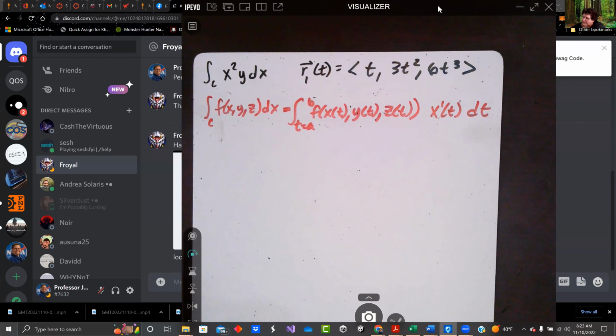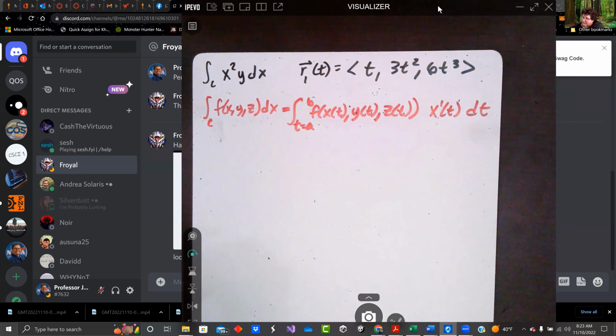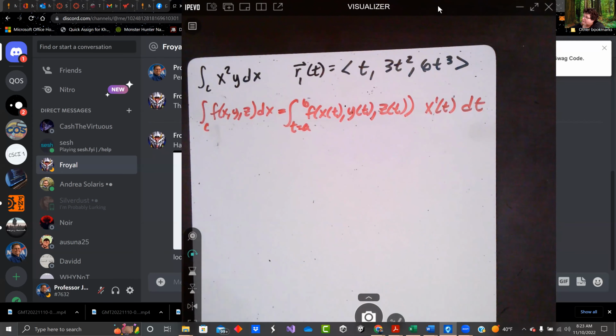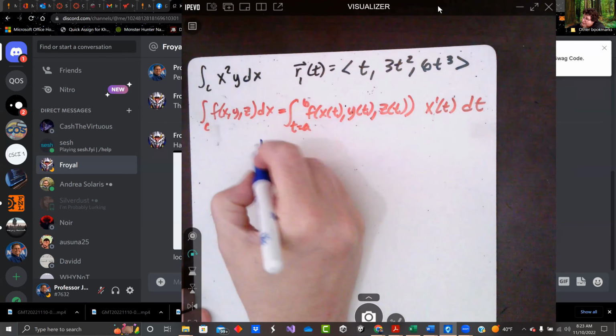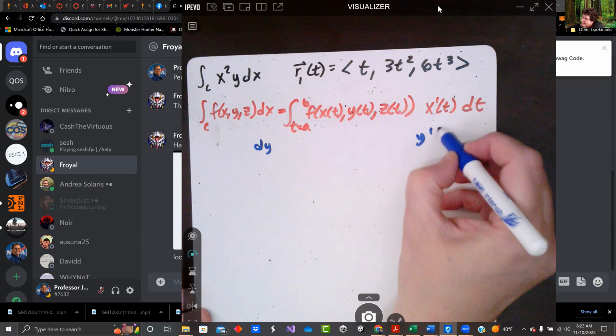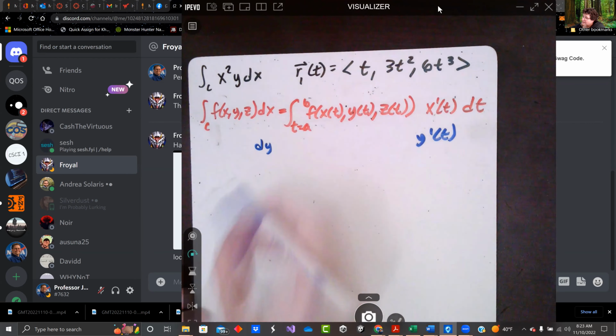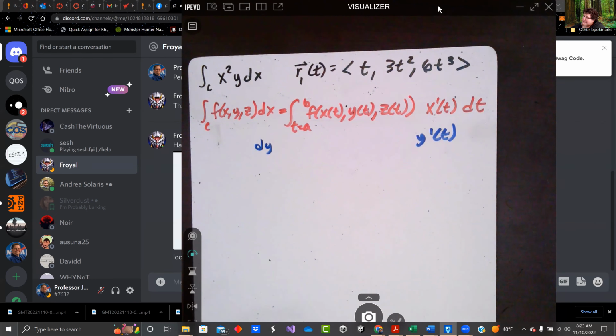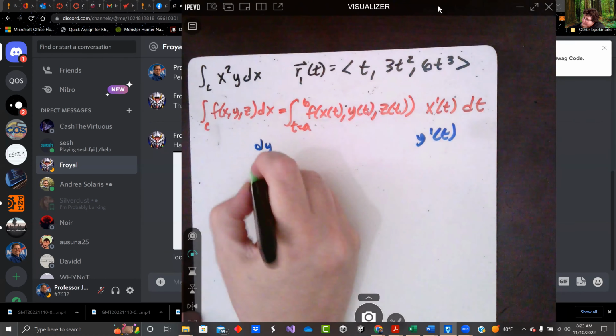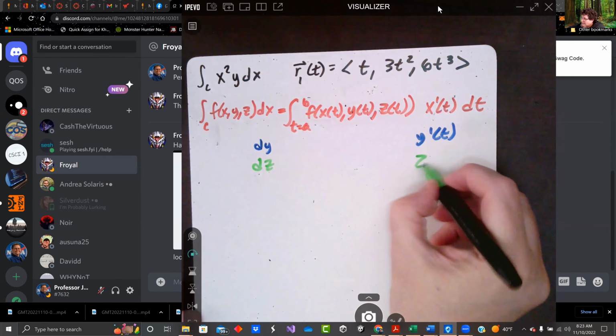If we were doing dy, this will change to y prime of t. That's the only shift. And if we were doing dz, the only shift is z prime of t.